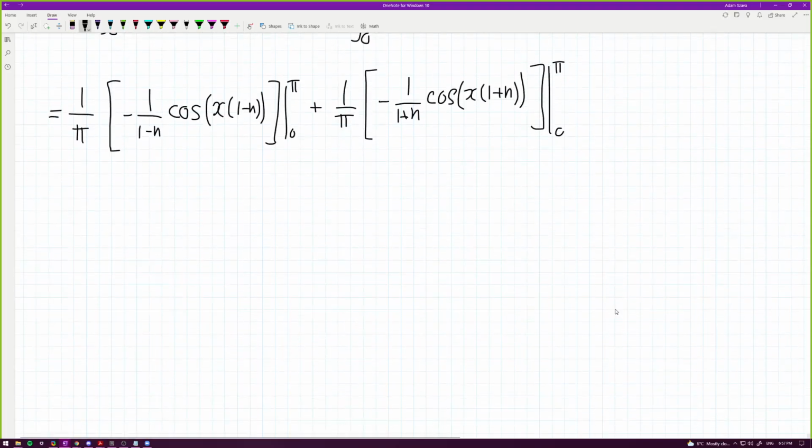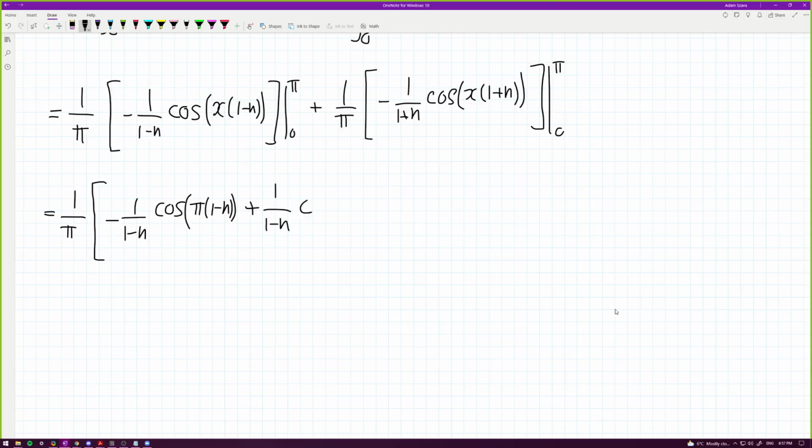And so now we can just start working on this. So it's going to be 1 over pi. Okay, now negative 1 over 1 minus n, cosine of pi(1 minus n), right? Plus 1 over 1 minus n, cosine of 0, which is just 1. We can just deal with that after. Plus 1 over pi, and now a very similar thing.